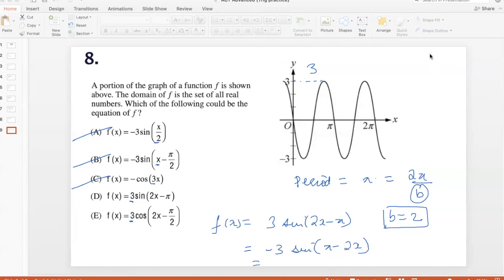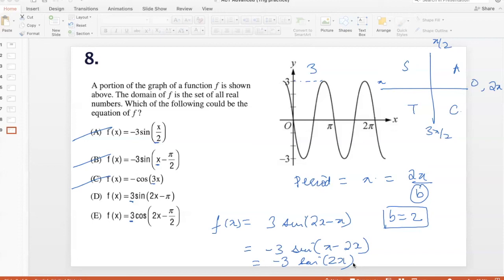And we know that if you draw ASTC, 0, pi by 2, pi, 3 pi by 2, and 2 pi, you know that sine of (pi minus 2x) would be plus sine 2x, right? Because in the second quadrant, sine is positive. So this would be minus 3 sine 2x.